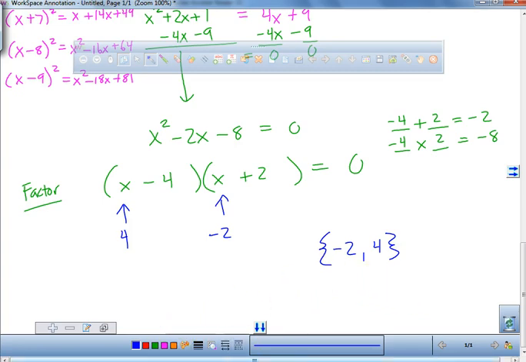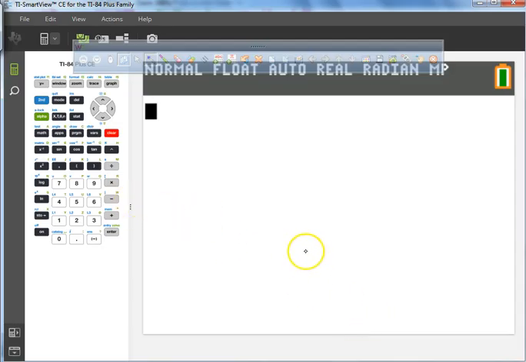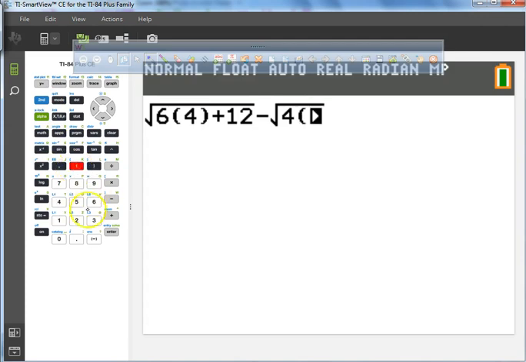So here we go. Go to the calculator right now. I want you to hit second x squared, 6 parentheses, 4 close parentheses, plus 12, minus second x squared, 4 parentheses, 4. What am I doing?